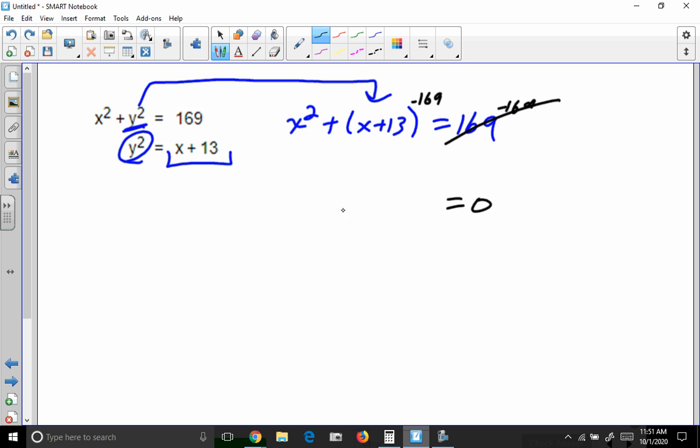Get a 0 on the right side, so that will give us x squared plus x, 13 minus 169, that's negative 156. And then we need to see how that factors. Now, feel free to use the quadratic formula to solve that.